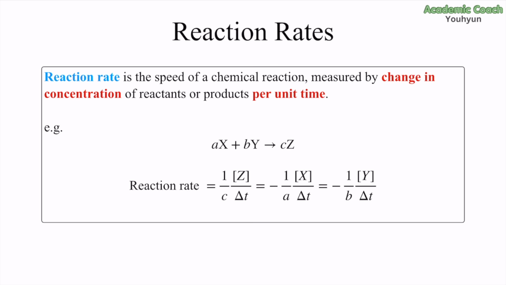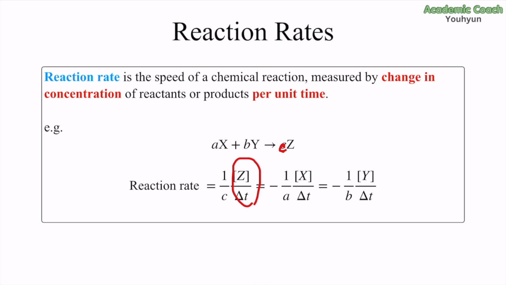So, in conclusion, for any given chemical reaction, we can write its reaction rate in terms of the changing concentration of reactants or products. Let's say we have a moles of species X reacting with b moles of species Y, and they produce c moles of species Z. Then, for reaction rate, we could use the product Z to represent it: change in the concentration of Z over delta t, and we're going to divide it by the coefficient of Z, which is c here.